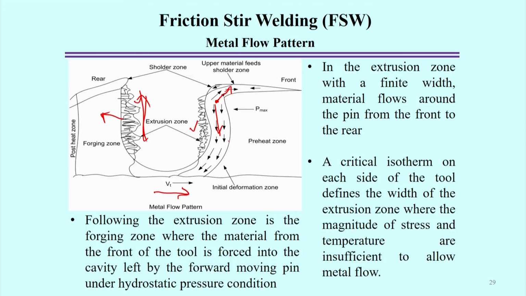So, from the extrusion zone, the next zone is the forging zone. In this forging zone, the material in front of the tool is forced into the cavity left by the forward moving pin, and a hydrostatic pressure condition also exists in this zone.